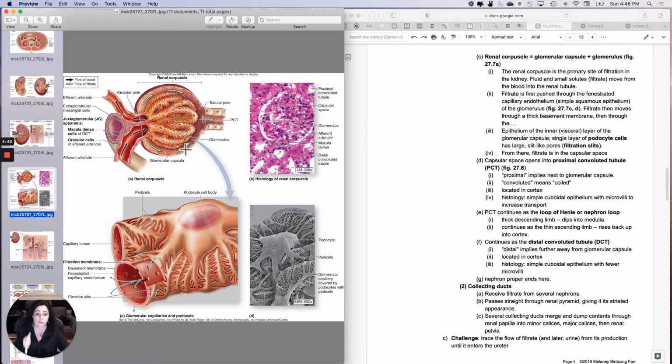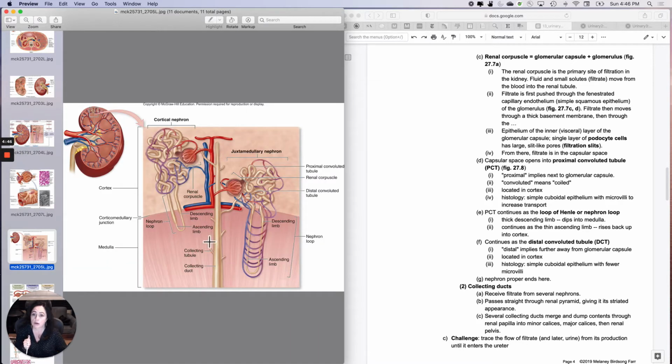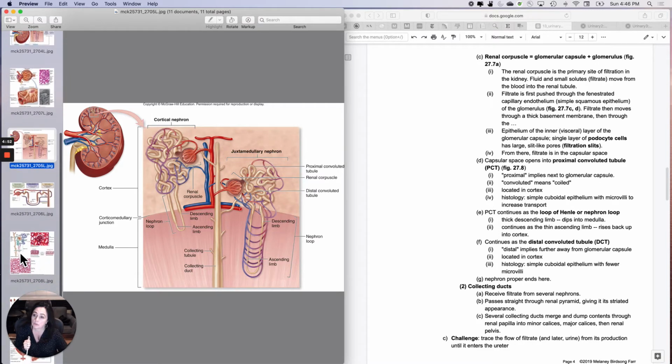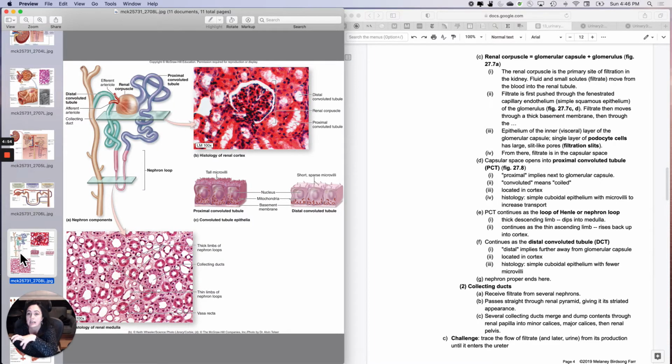From there, they go through the proximal convoluted tubule, which attaches directly to the capsule. So let's look. This one actually has the blood tubes taken off so that you can see. Afferent arteriole went in, efferent arteriole comes out. Here is the capsule, Bowman's or the glomerular capsule, and it leads to the proximal convoluted tubule.